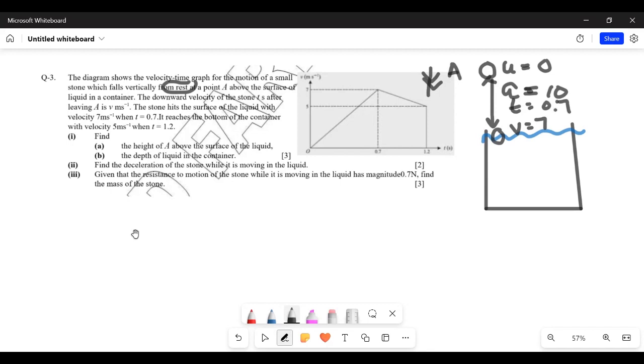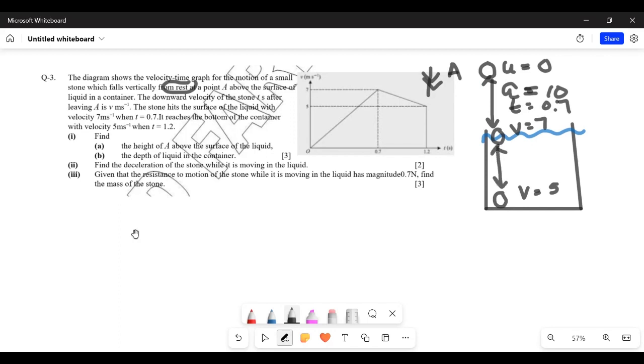The stone hits the surface of the liquid with velocity 7 when time is 0.7. It reaches the bottom of the container with velocity 5. So when it reaches the bottom, the velocity is 5 and the time taken for the entire journey is 1.2.